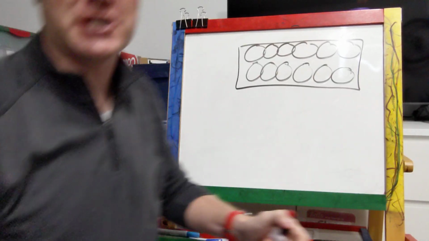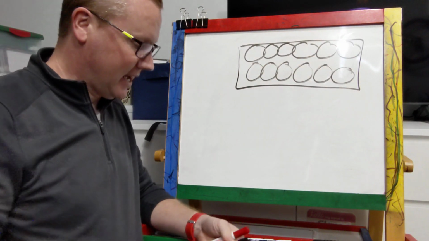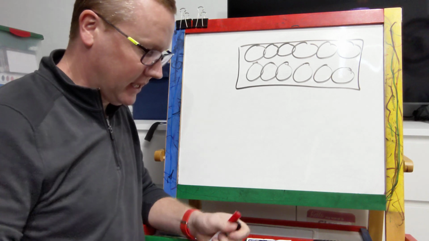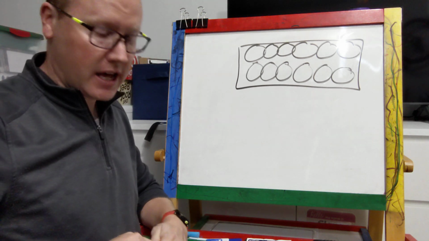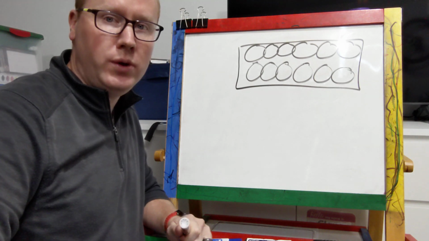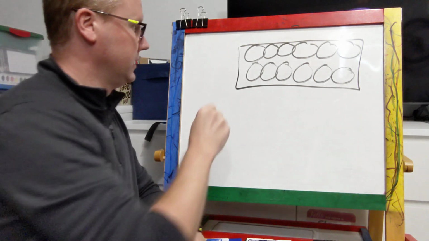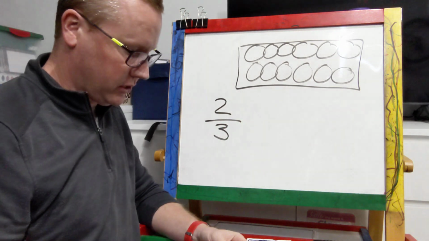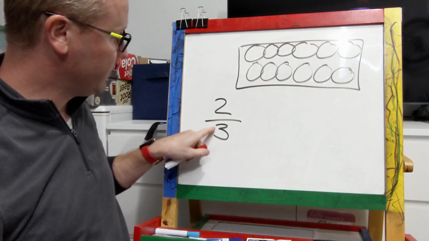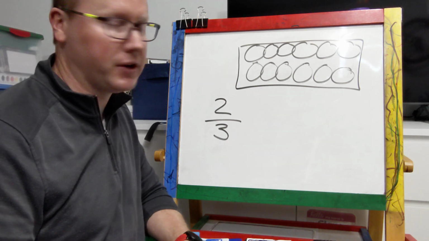All right, we're back with a fresh, clean egg carton here. So now I might say something like, I want you to break it up into 2/3. So the first thing we have to do is break it up into thirds.